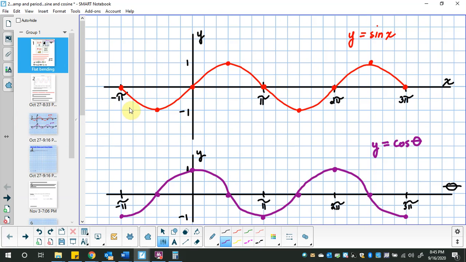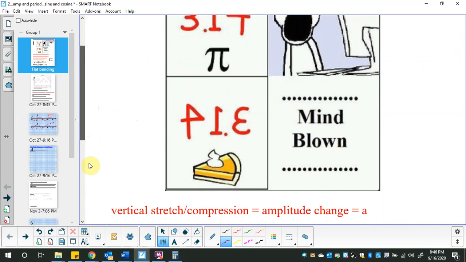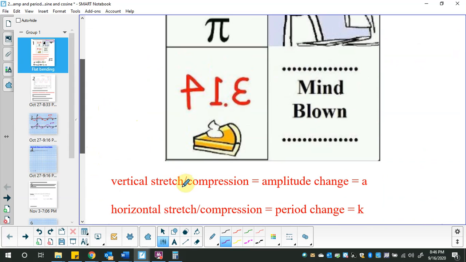So what we're talking about today are the first two things, a vertical stretch or compression. So we may change it from an amplitude of 1 to an amplitude of something higher than 1 or lower than 1. And we're also going to talk about a horizontal stretch or compression. So we're going to get into that.